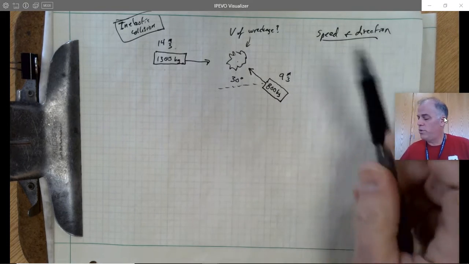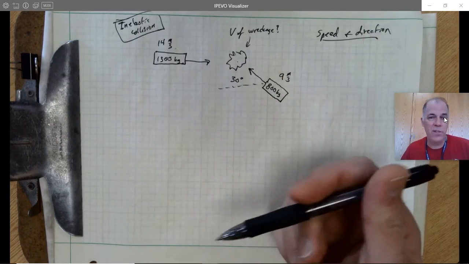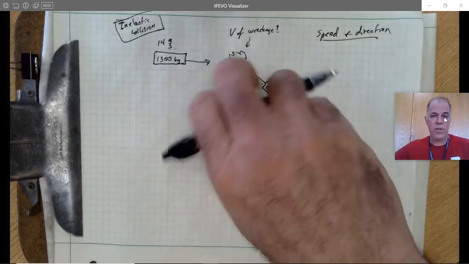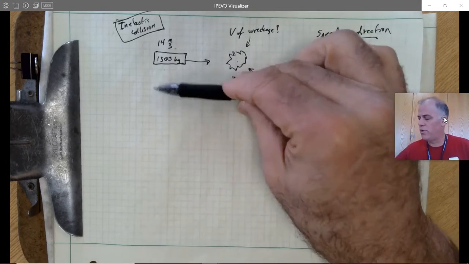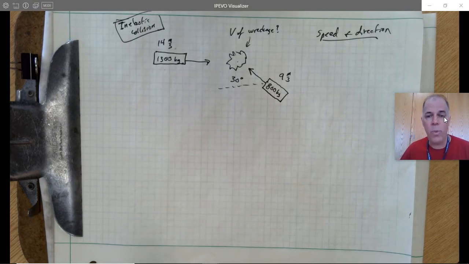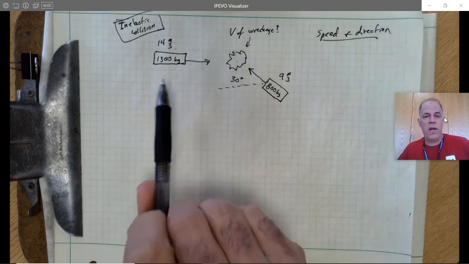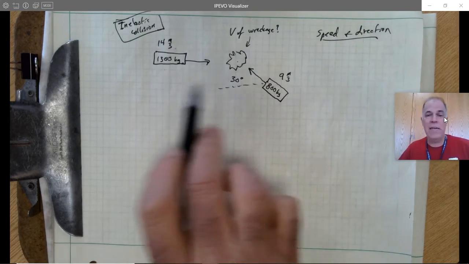Now we've used this horizontal line as our reference point, so why not continue doing it that way? You really can use any angle that you want, but you have to measure the angle against something. So this horizontal one is probably the way to go. The way to do this is to figure out the horizontal and vertical components of the momentum of each vehicle.